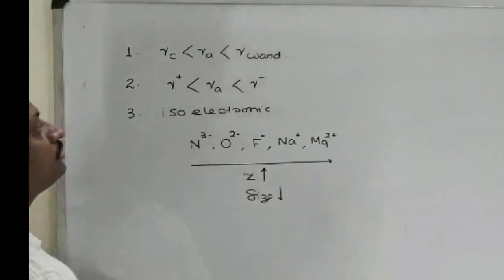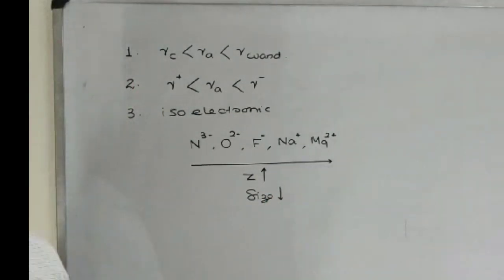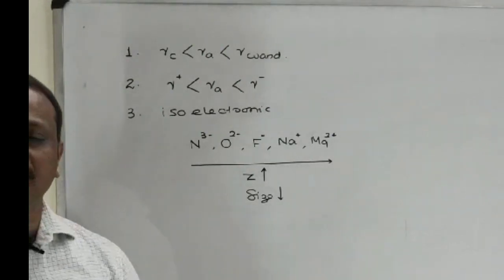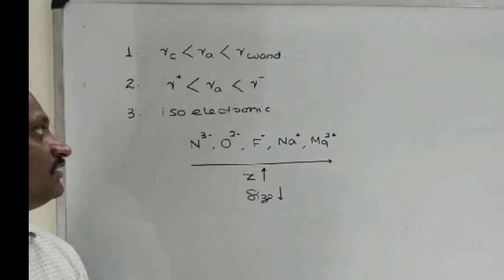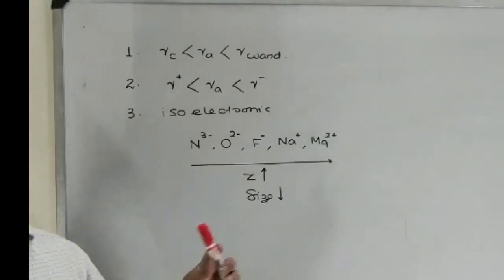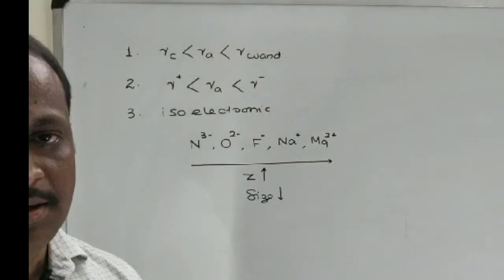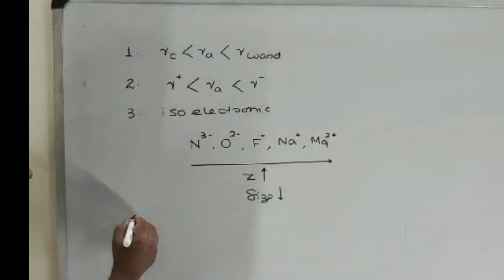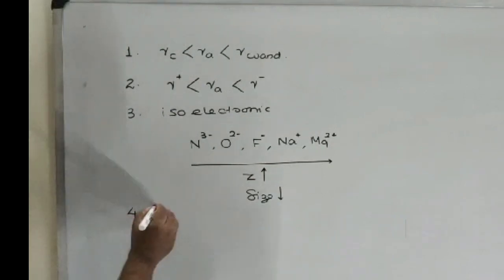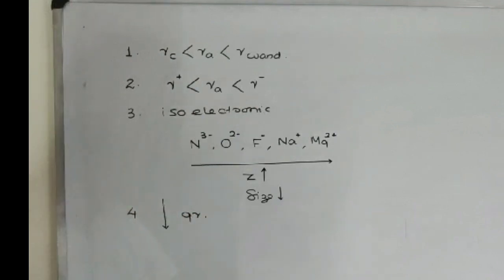So the first point regarding atomic size: radius of cation is smaller than atomic radius, and van der Waals radii are bigger. Then R plus is less than R atomic, which is less than R minus. Then for isoelectronic species, you have got it like this. What is the next point? Once we come down the group, what happens with the atomic size?